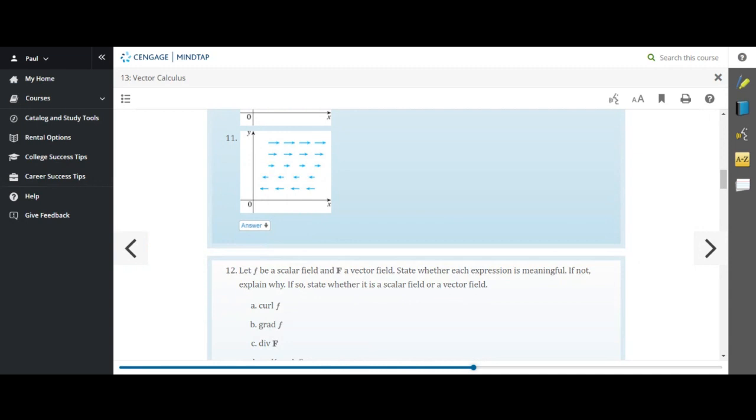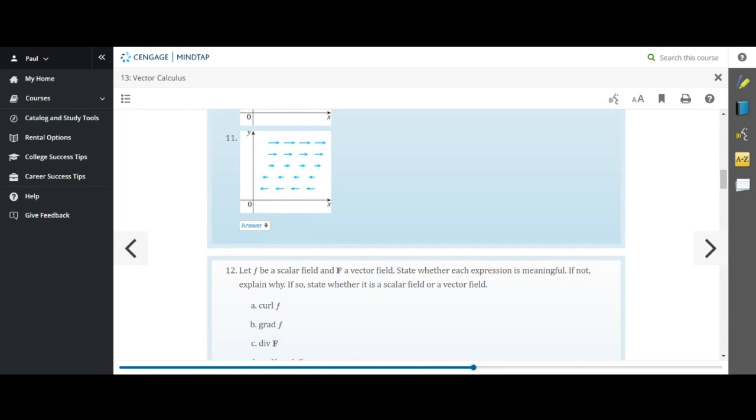So we all agree that the curl of the vector field is non-zero, right? Because if we put a rubber duck right in the center of the field, the duck's going to spin around, right? Give me a thumbs up if you're okay with that. Let me make sure you're all good. Okay, good, excellent.